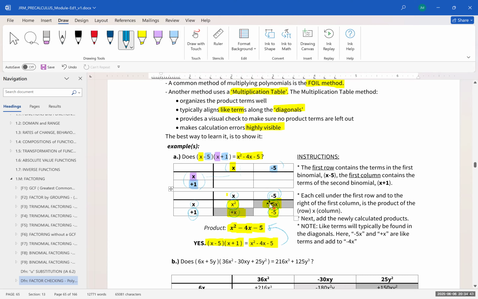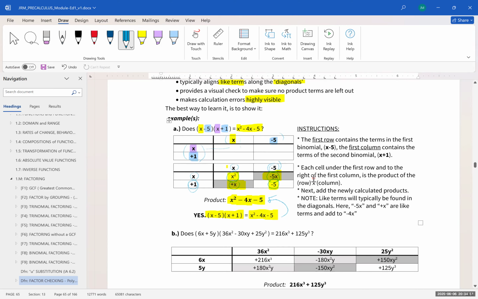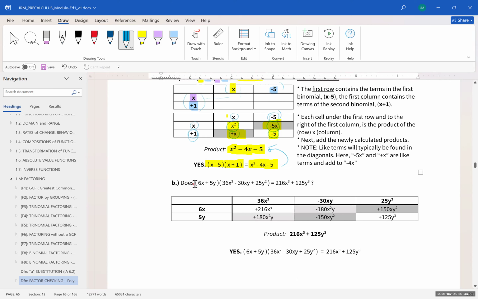And this works really well the larger this multiplication gets. So for example, if we had this expression times this expression, this is what it would look like. Now, I typically will put more terms across the top and fewer terms down the side, so this stretches it out horizontally rather than vertically.